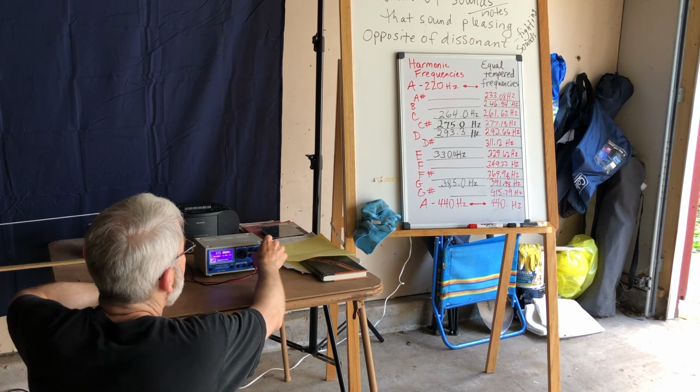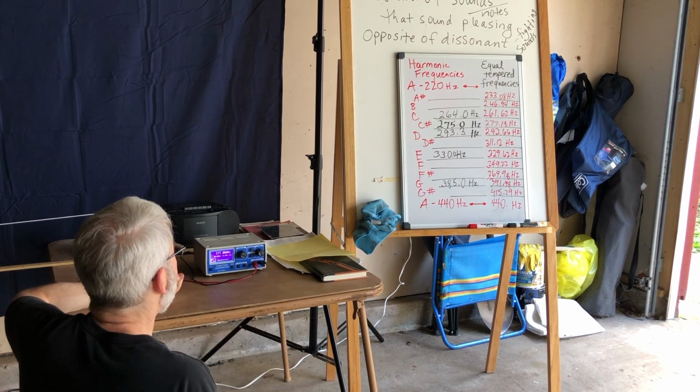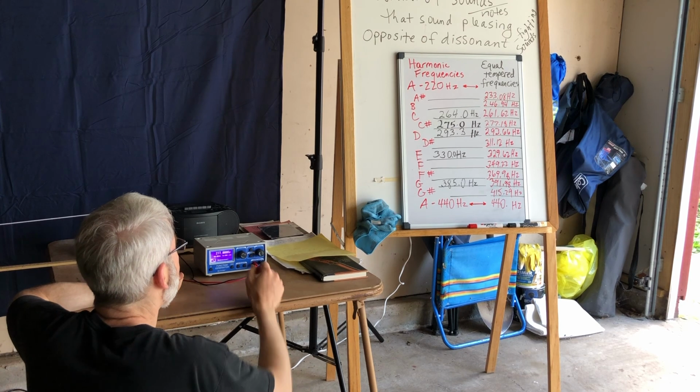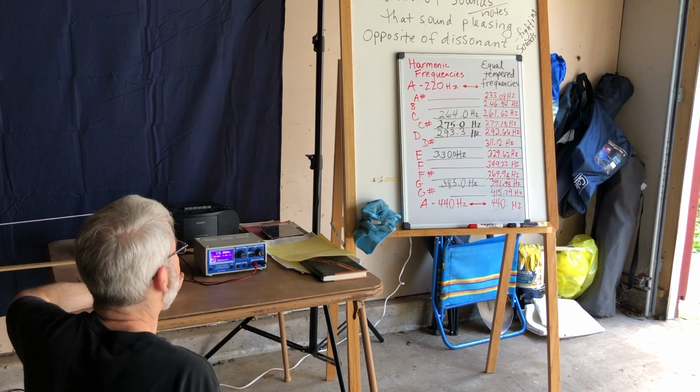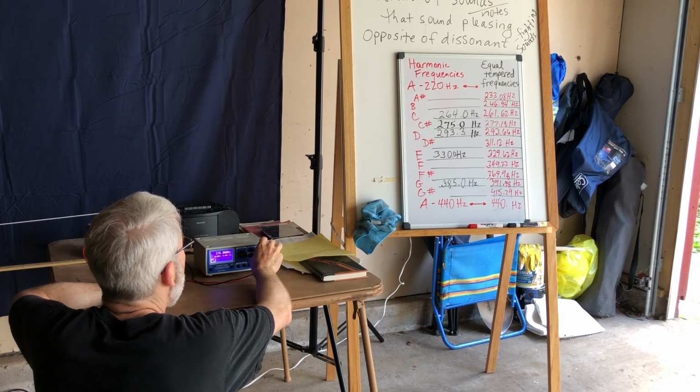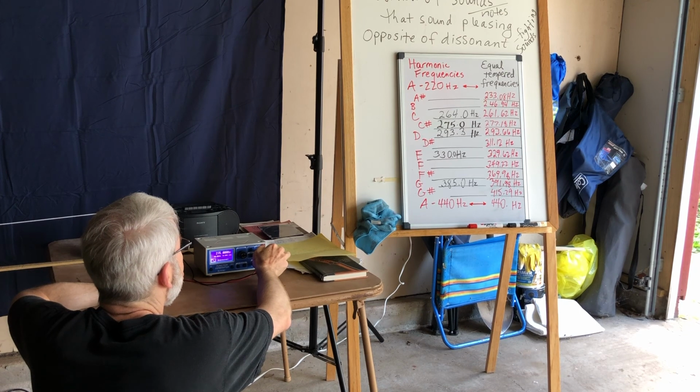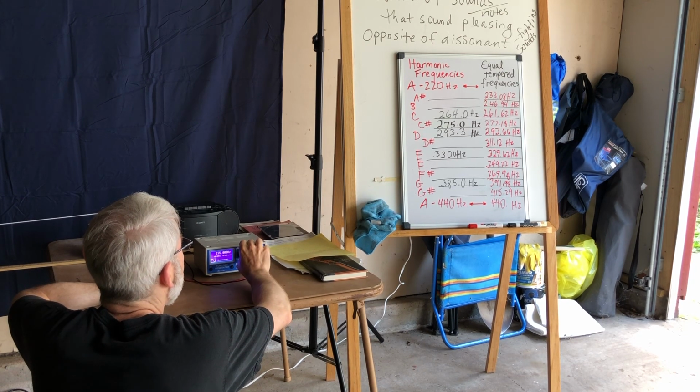This is your typical keyboard C sharp, but this is what it should be. Do, re. Yeah, it sounds better. And listen to this. I'm going to bring it back up to 277.